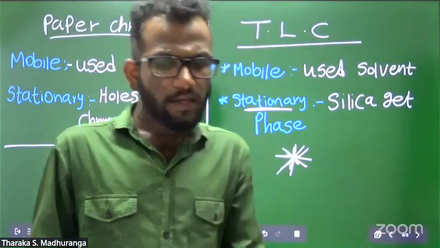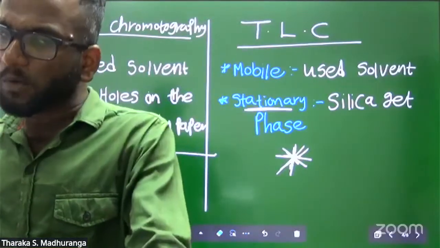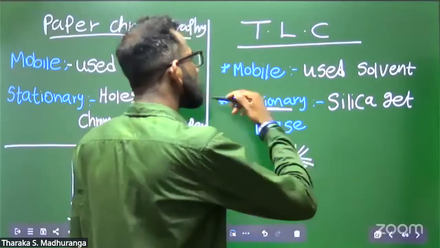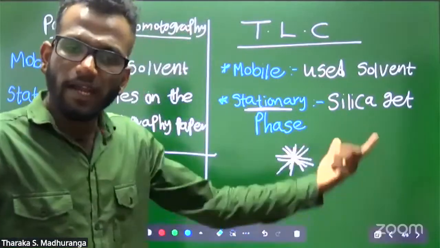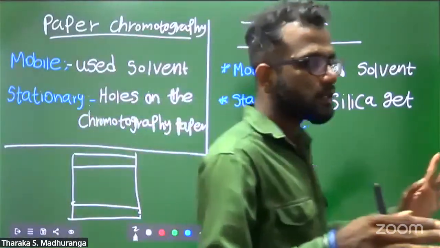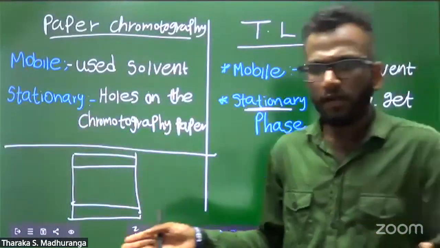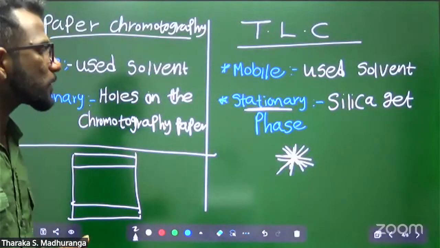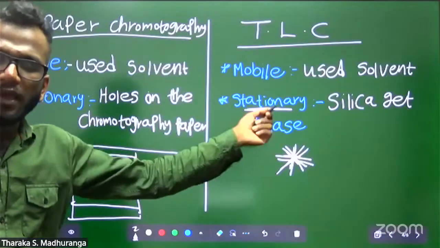It doesn't say paper chromatography. Why is that? When we compare thin layer chromatography and paper chromatography, what is the advantage of thin layer chromatography? What are the advantages? Now you already know.